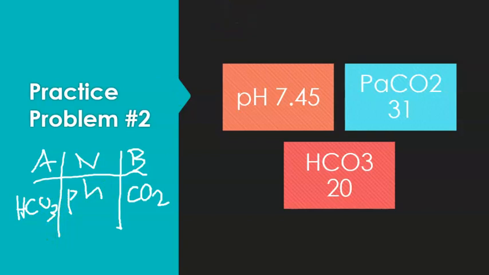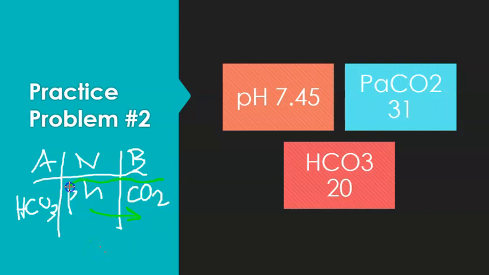So in order to interpret this one, we have to look back at our pH because it is a normal range. But remember, above 7.4 makes it an alkalotic process, and below 7.4 makes it an acidotic process. So because we're 7.45, that pushes it over to the alkalotic process.